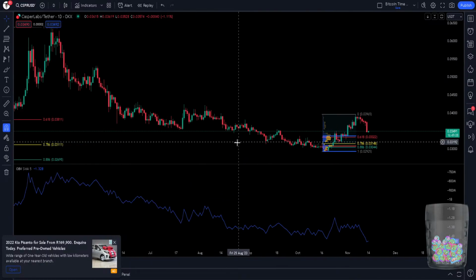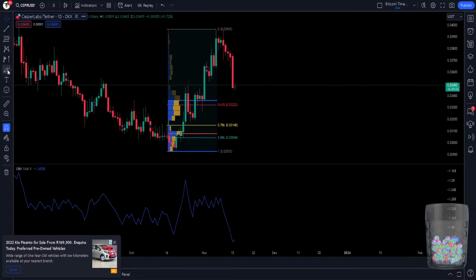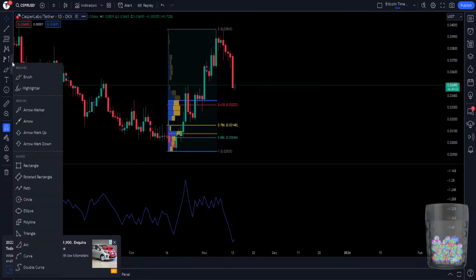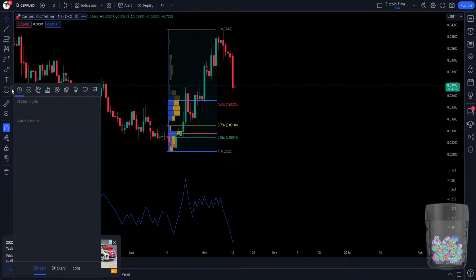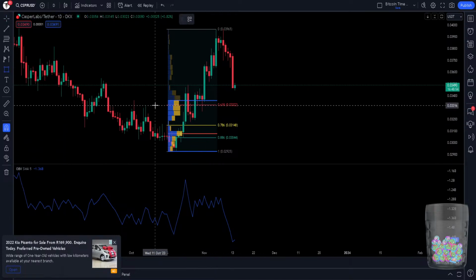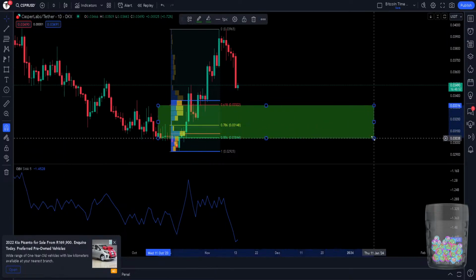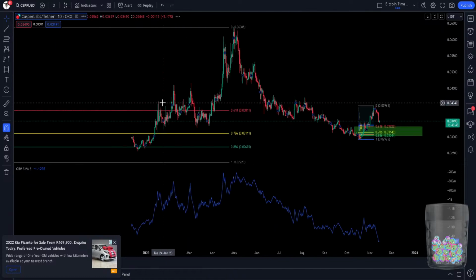Any area here. Anywhere in that green box would be a valid area to get some.